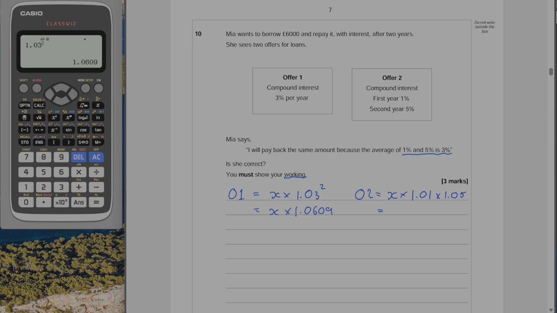And for offer 2, it would be a multiplier of 1.01 times 1.05, which would be 1.0605. So we've got a difference here. So no, offer 2 would be better.